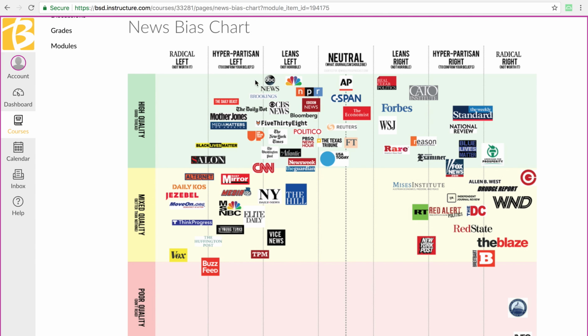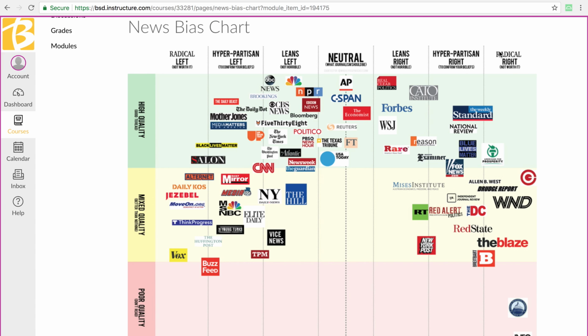So when they say hyperpartisan left, what they mean is a lot of these sources are going to be sources that, if you are a left-leaning individual and you read information from a lot of these websites, it will make you feel the best about continuing to believe that ideology and feel worse about the people who believe the polar opposite. Same goes for the hyperpartisan right.